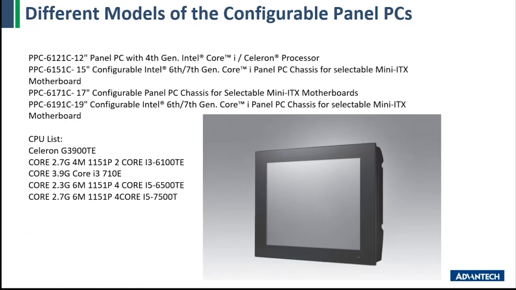So with the next slide, this is just the overall range. The downside of these models is that since they are new, we are restricted in terms of the overall amount of units. As I mentioned before, these ones generally replace the PPC-6120, 50, 70, and 90.